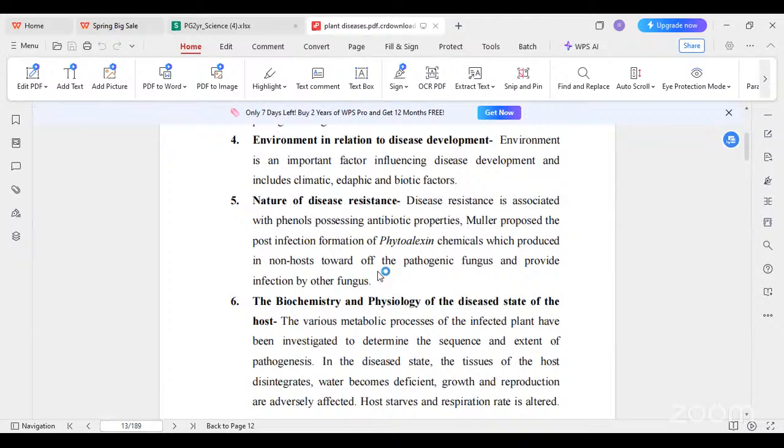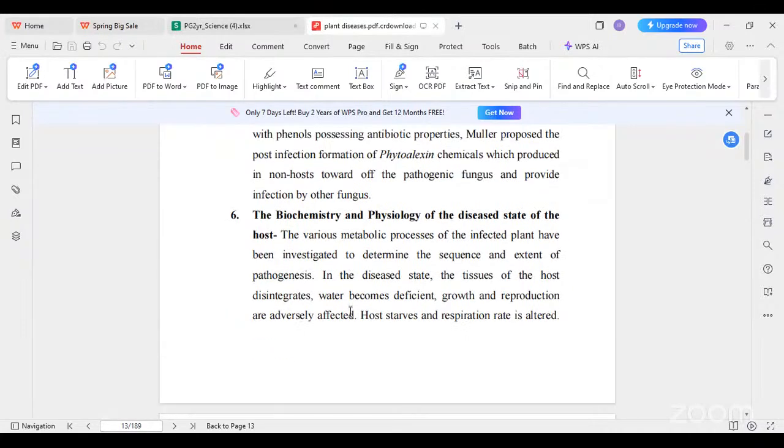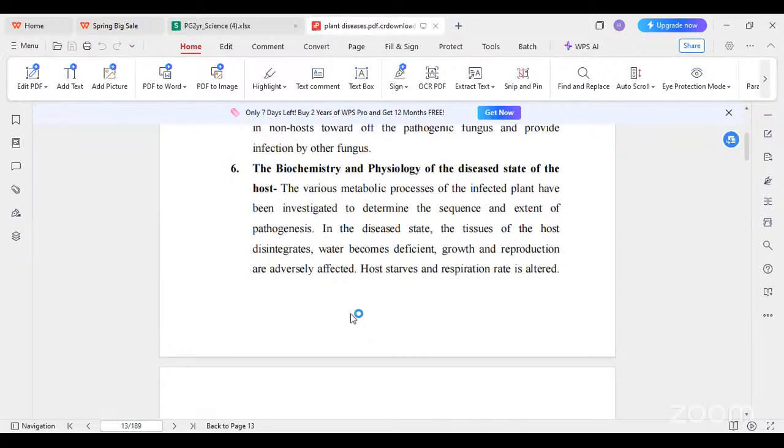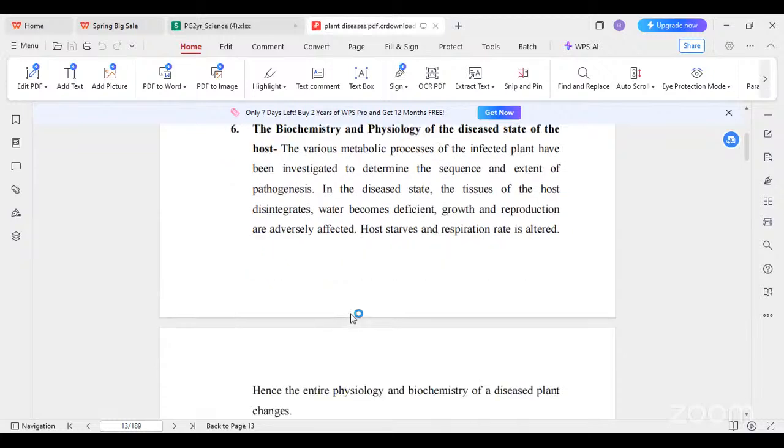The sixth one, biochemistry and physiology of the disease state of the host. The various metabolic processes of the infected plant have been investigated to determine the sequence and extent of the pathogenesis.